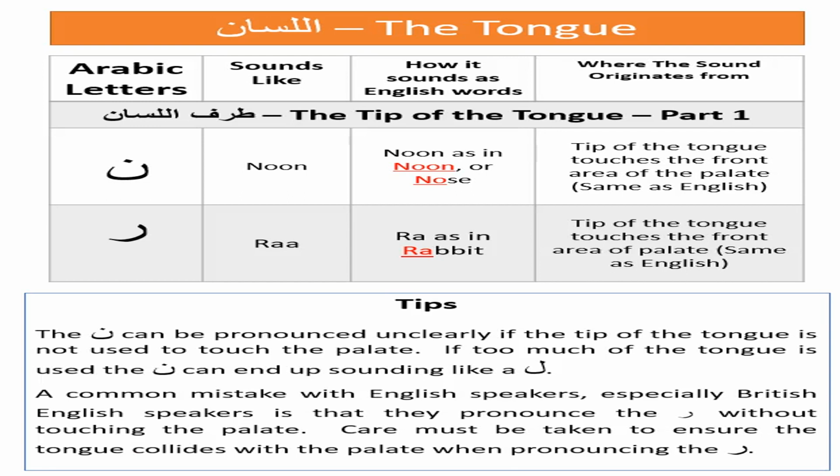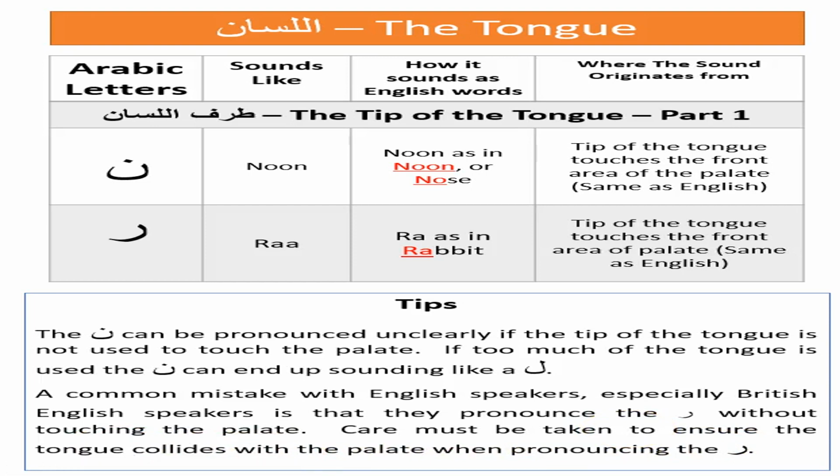So that's why it's very, very important, especially for British English speakers, to ensure that when they are pronouncing the Ra, they pronounce it as if it's the first letter of Ra, first letter of rabbit, rabbit. You're touching it, okay? And care must be taken to ensure that the tongue actually collides with the palate when pronouncing the Ra. You must touch the palate.